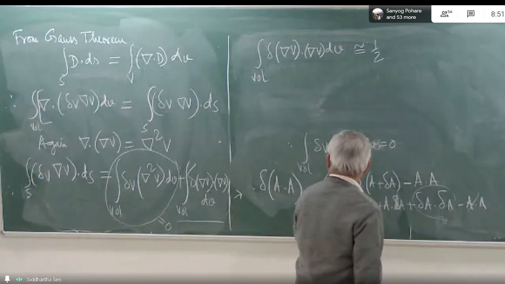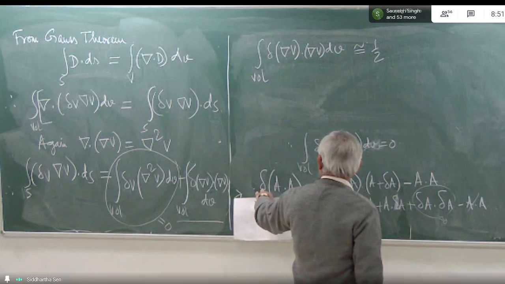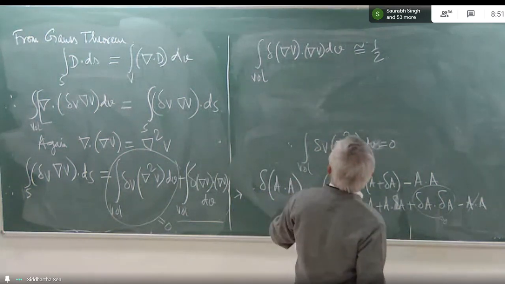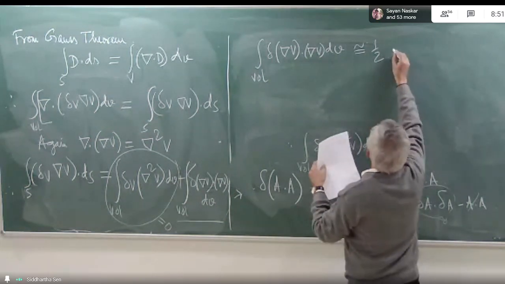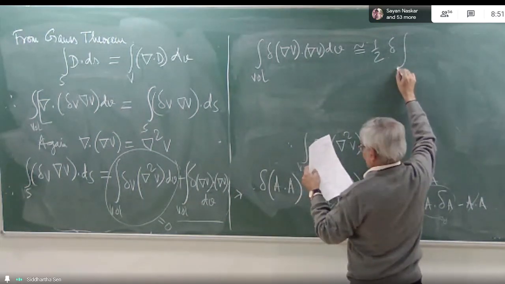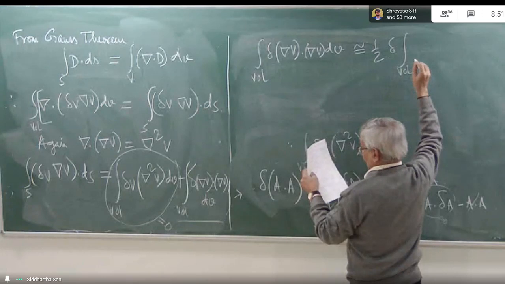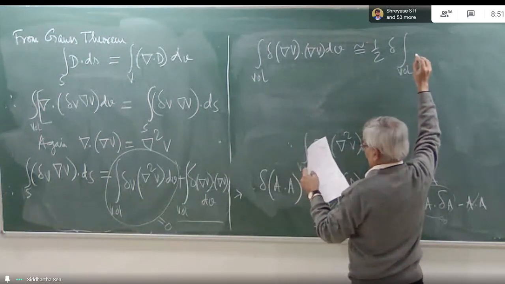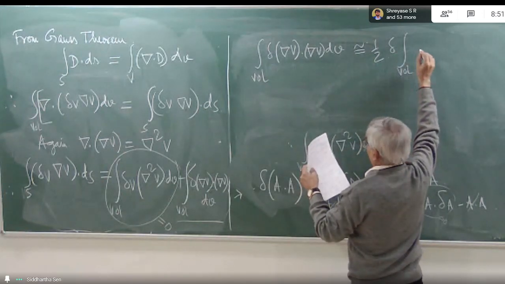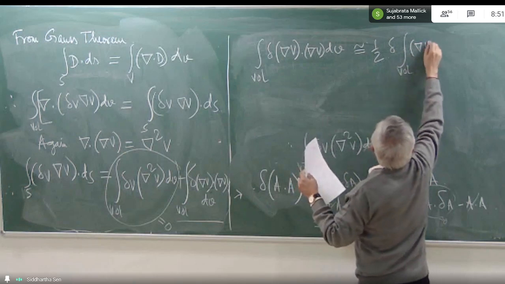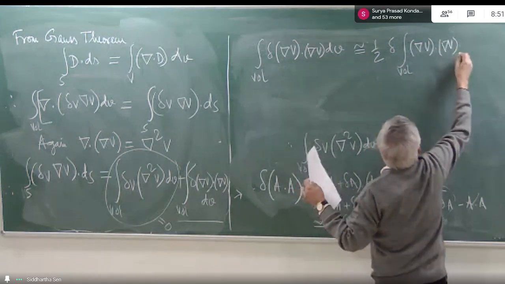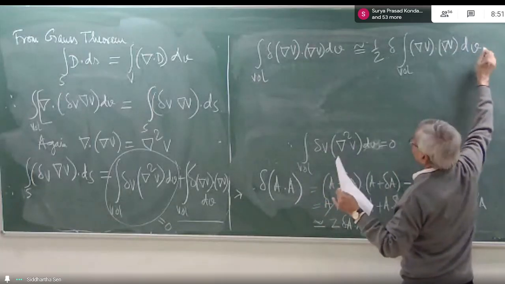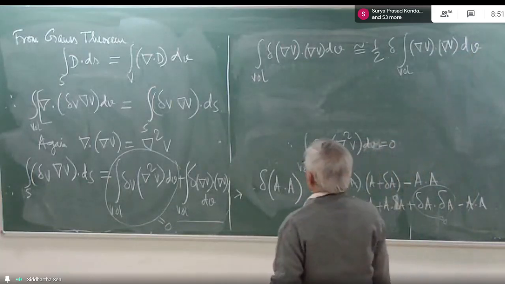Delta A dot A is equal to half into delta A dot A. So it is basically half into delta of the volume integral of nabla V dot nabla V dV. This is your right hand side.